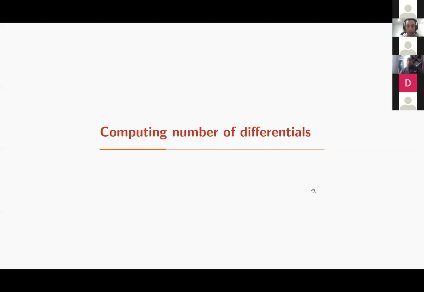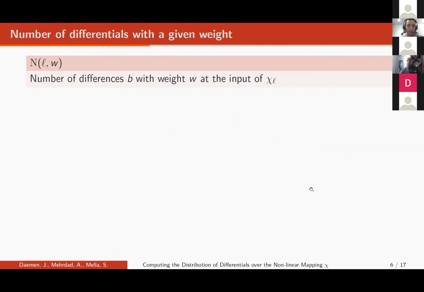Okay, so the question is how to compute the number of differentials. To do that, we first need to define this function. This function is called N, L, and W, and it computes the number of differences B with weight W at the input of GL.